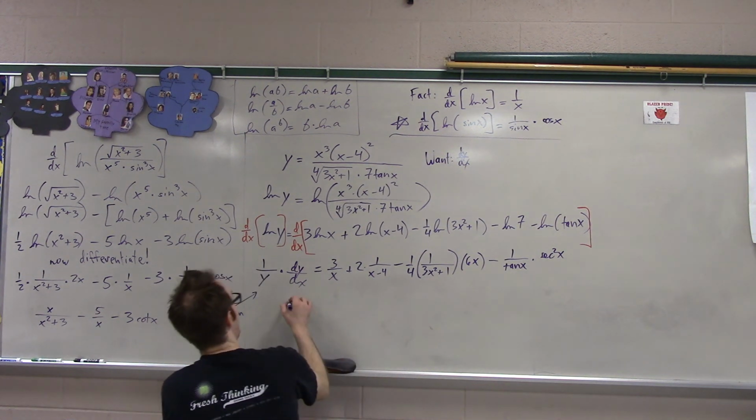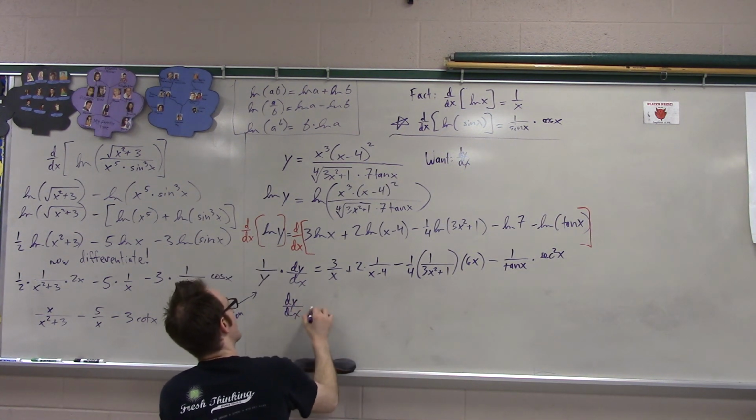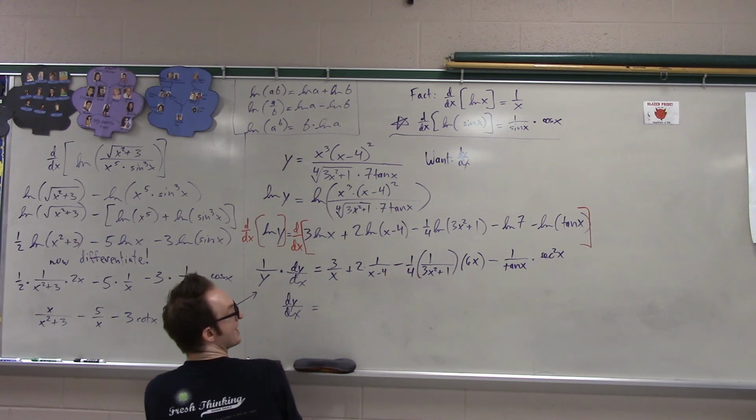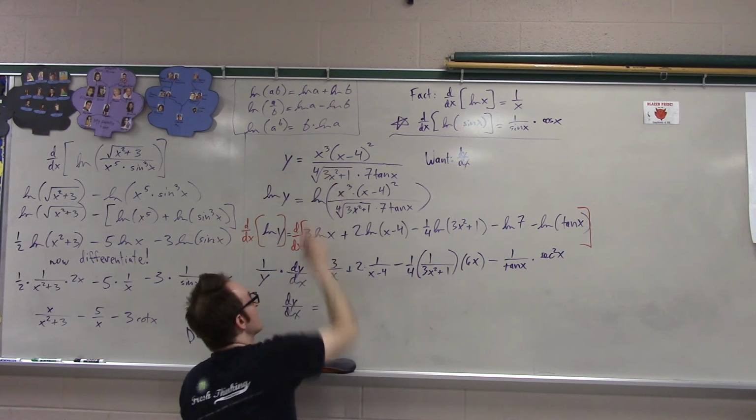Now what I want is dy dx. Well, what is dy dx? I have to multiply through by y, and the y is just this original thing.